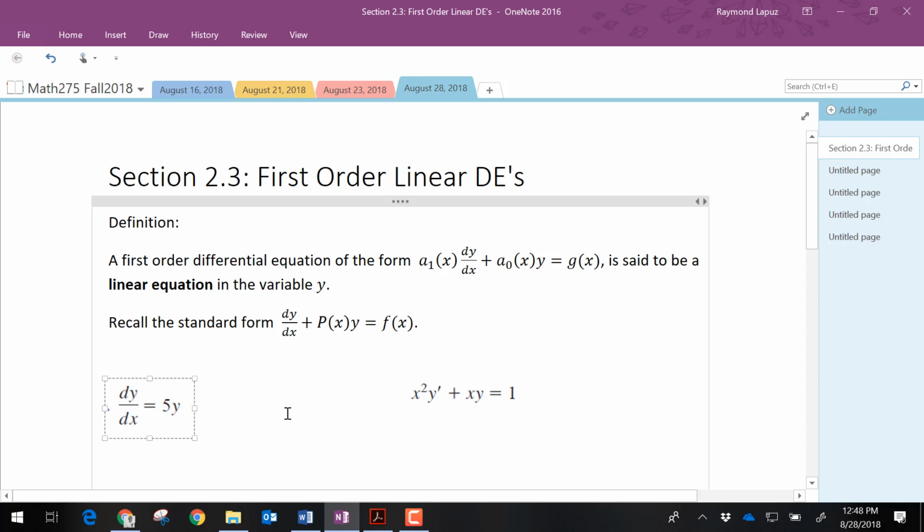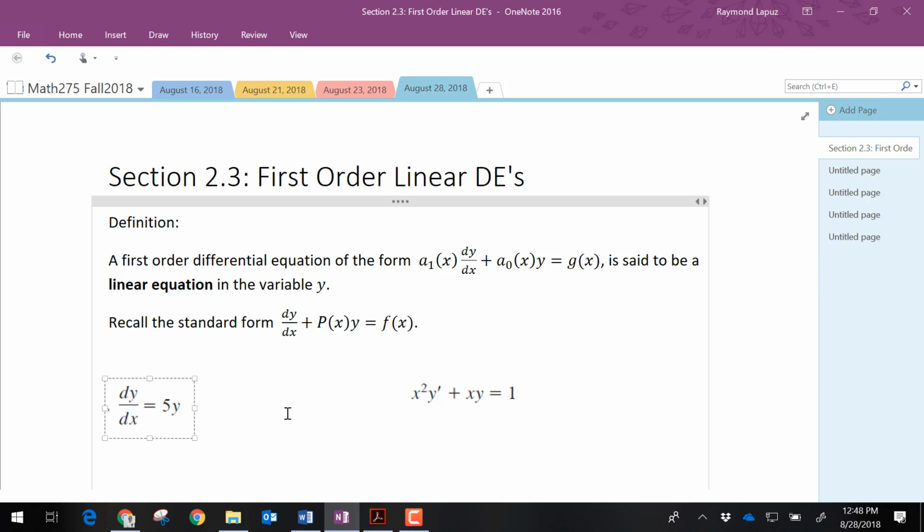So we have to remind ourselves what it means for a differential equation to be first order. First order, remember, is just highest derivative is the first derivative. And it's a linear differential equation, which is to say that your derivative, y prime, and your y function are not composed with any other functions.